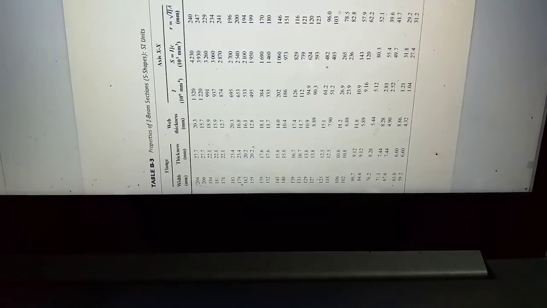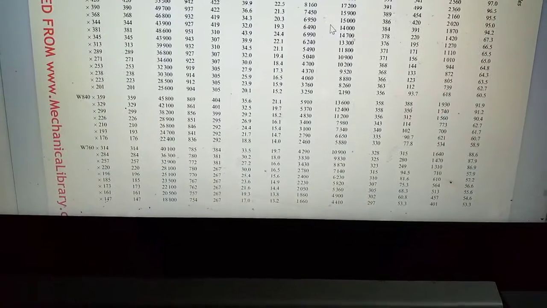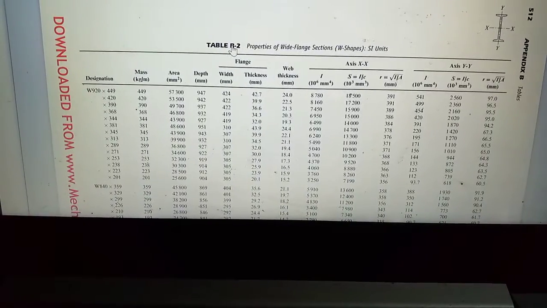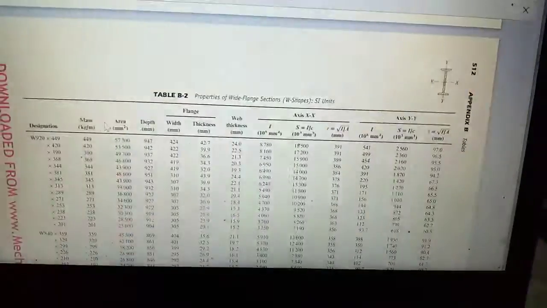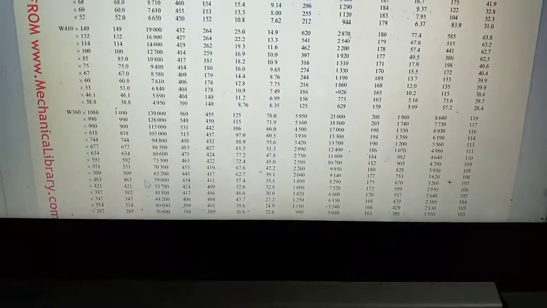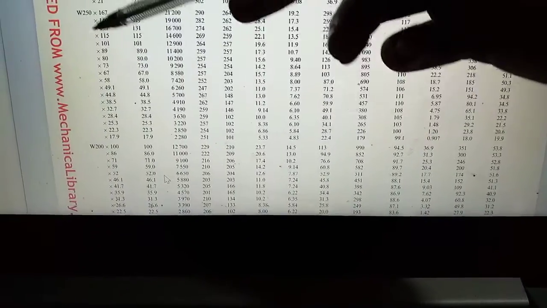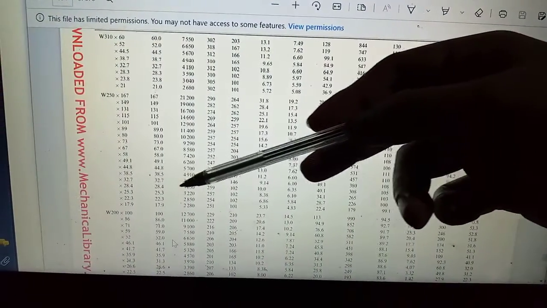We start at Table B2 and try to find W250 by 28.4. So here it is.